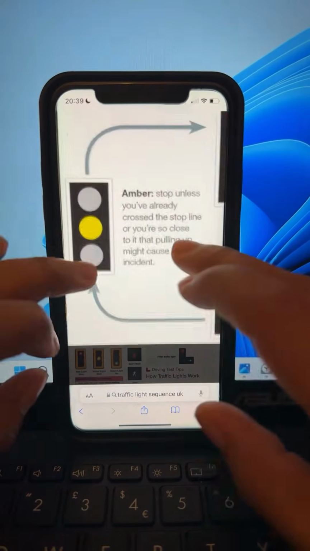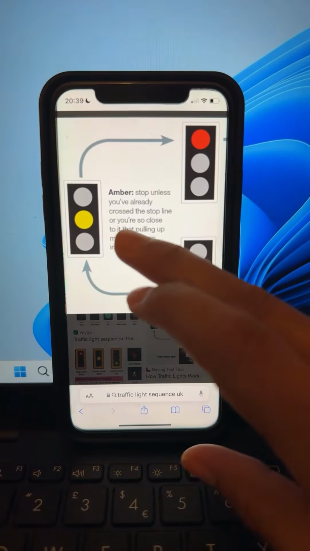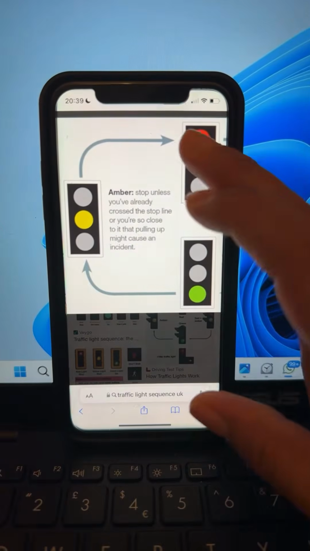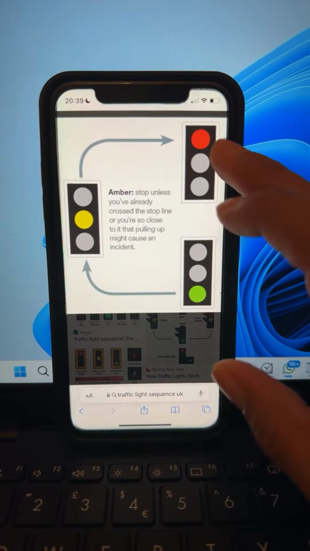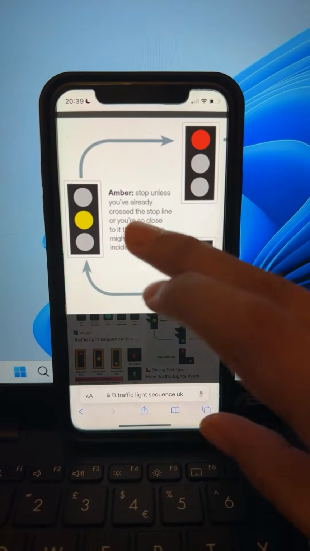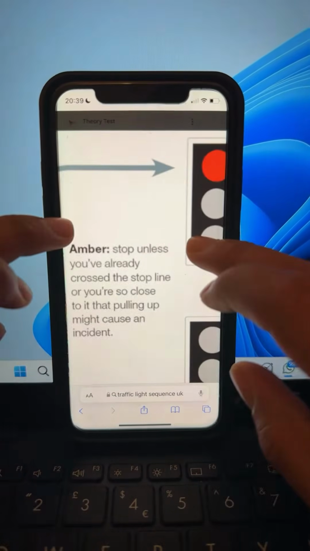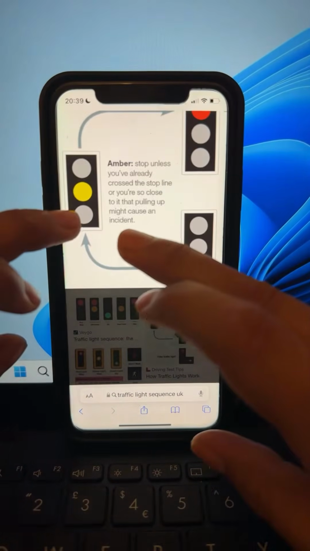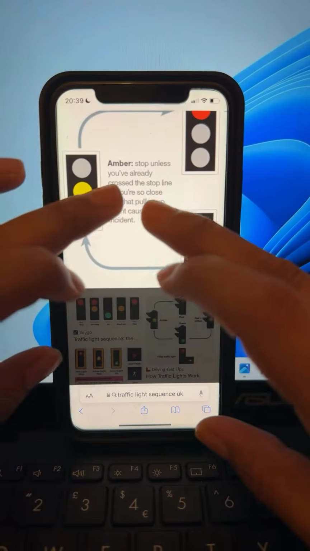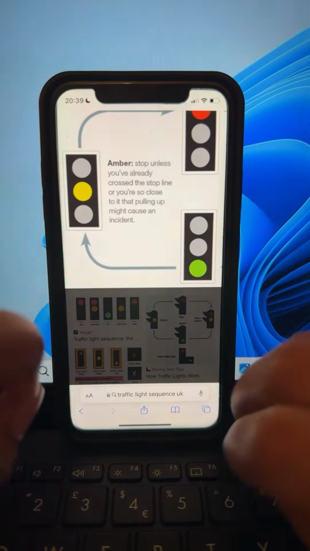What does amber mean? Most of the drivers out here, if they see amber, what do they do? They accelerate to pass the red. So they miss the red. But you should not be doing that. Amber does mean stop, as you can see. If you see amber, you're going to need to stop unless you are too close.